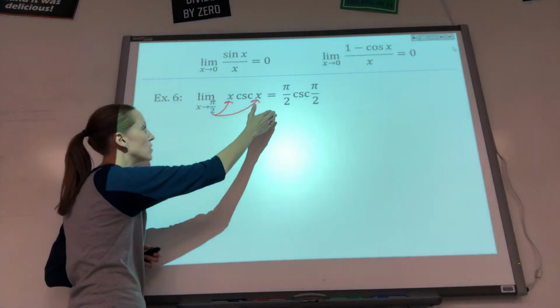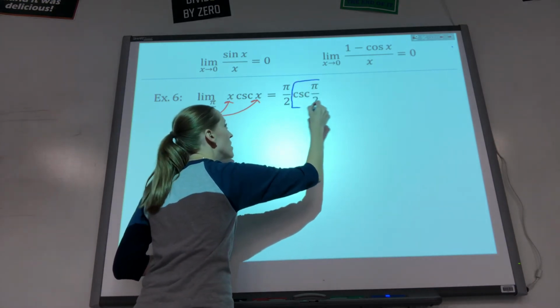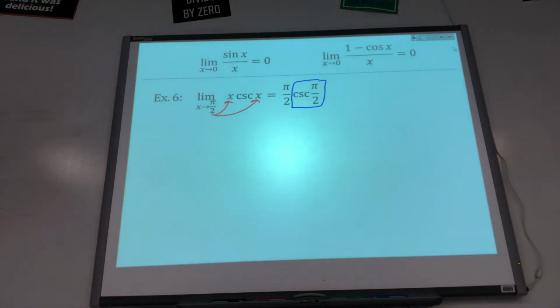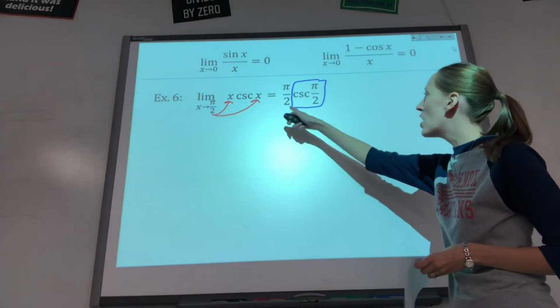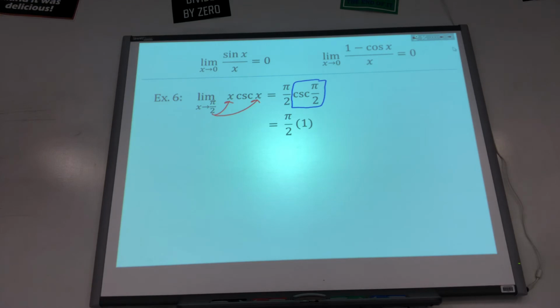Pi over 2 times cosecant of pi over 2. I'm just going to use handy dandy real quick on that last part. Cosecant of pi over 2 is 1. So you're just taking pi over 2 times 1, which is just pi over 2. Didn't need any identities, didn't need any special trig limits. Direct substitution works. So that's it for number 6.